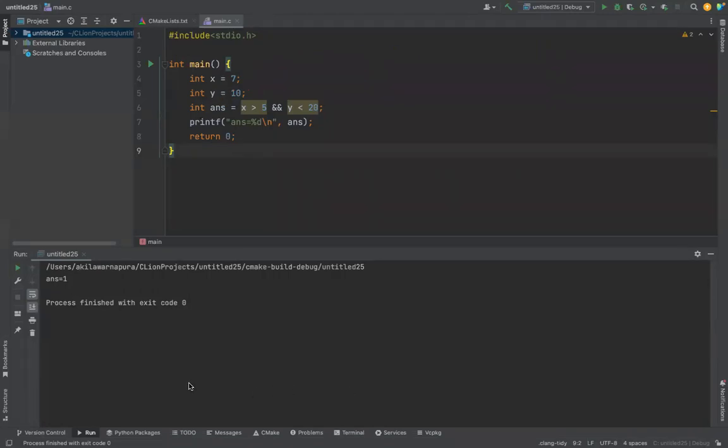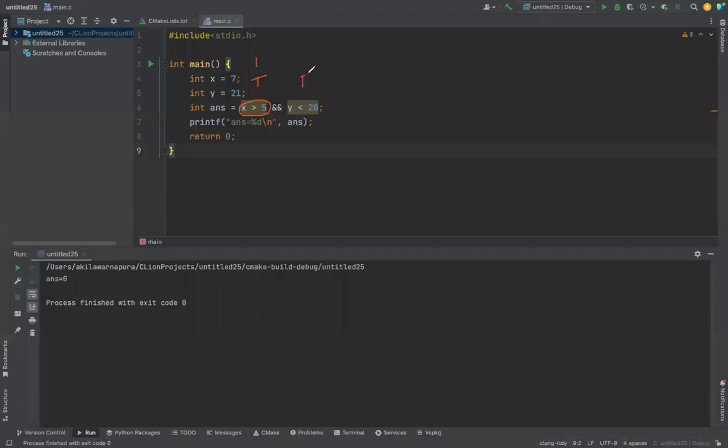Any questions? Let's take a different one. Y is 21. Now run this program. Now you can see the answer is 0. How does it happen? X greater than 5: yes, 7 is greater than 5. The output is true, and true means 1. Y less than 20: Y is 21, it is not less than 20.